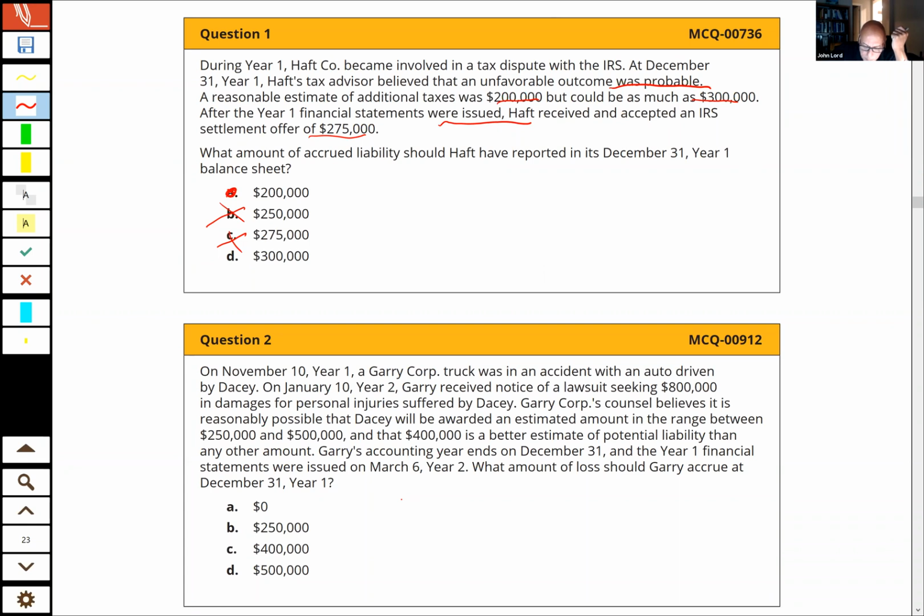If it is reasonably possible, that's that next category down. It's not probable, it's reasonably possible. And if it's reasonably possible, you don't accrue anything. You don't debit, you don't credit. You simply disclose and you show the range.